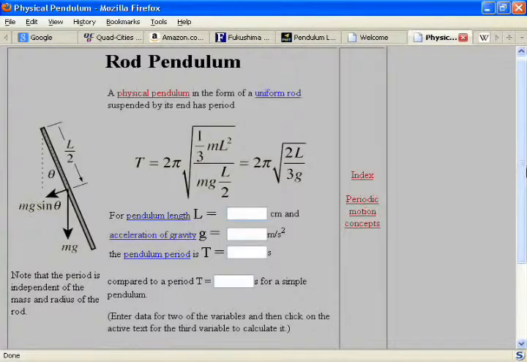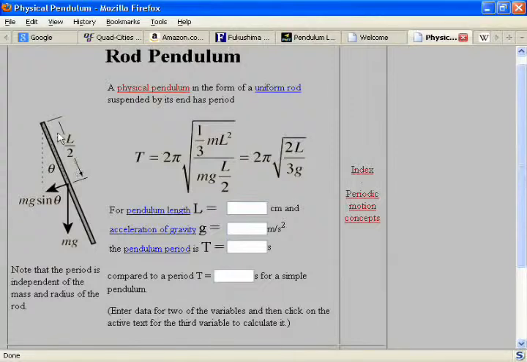We can go to a rod pendulum. The rod pendulum would be like the flag on the moon, or on the Earth. The mass is evenly distributed along its length, part hanging down.